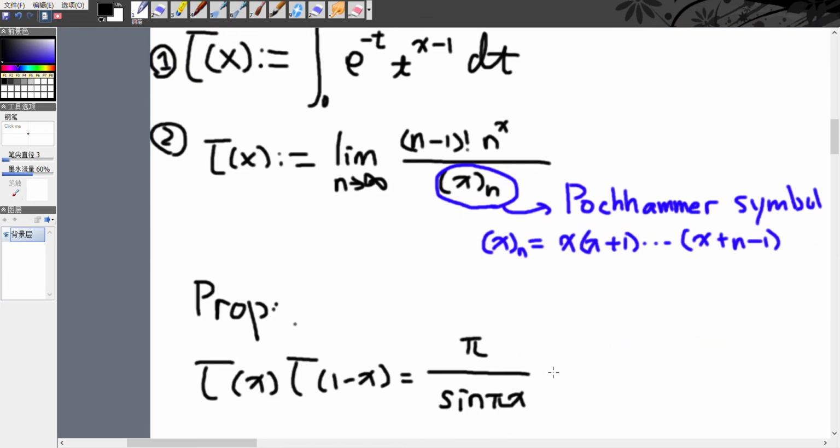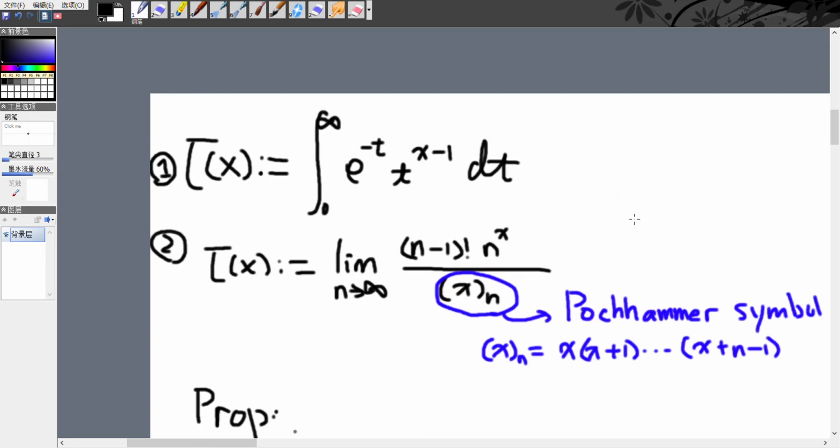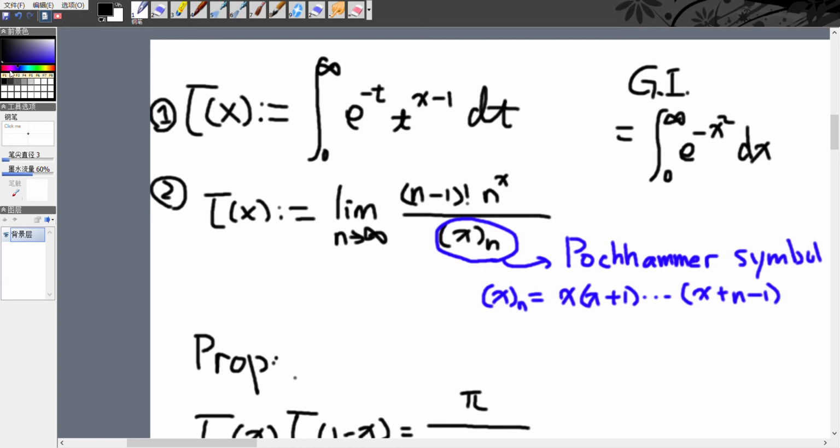First we will prove this identity, and then I will give the quick method of solving the Gaussian integral, which is just the integral from 0 to infinity of e to the negative x squared dx.